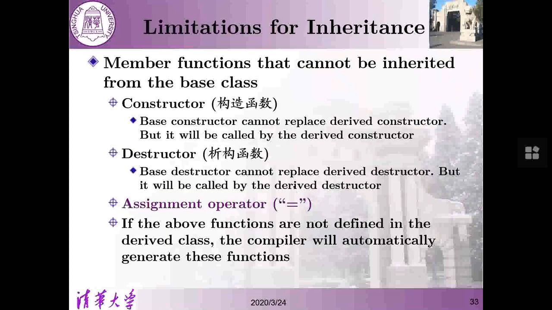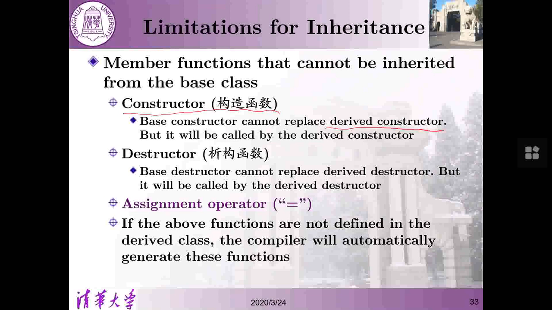And here are some limitations of inheritance. First one is that the constructor will not be inherited. This means that the base constructor cannot replace the derived constructor. If you do not define a derived constructor, the compiler will generate one for us, but the compiler will not directly inherit the base constructor and use it as our derived constructor.